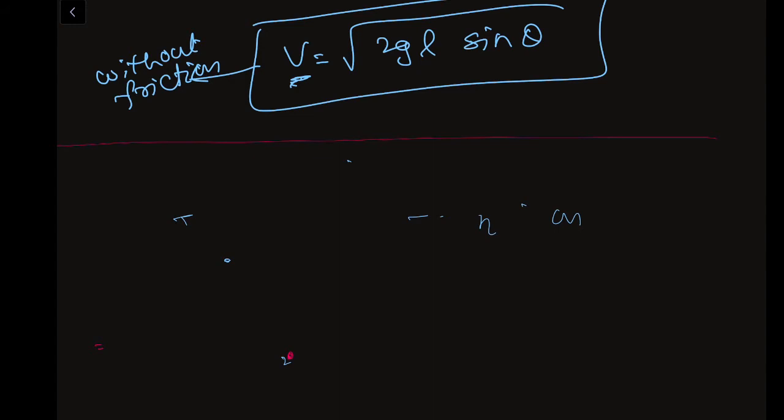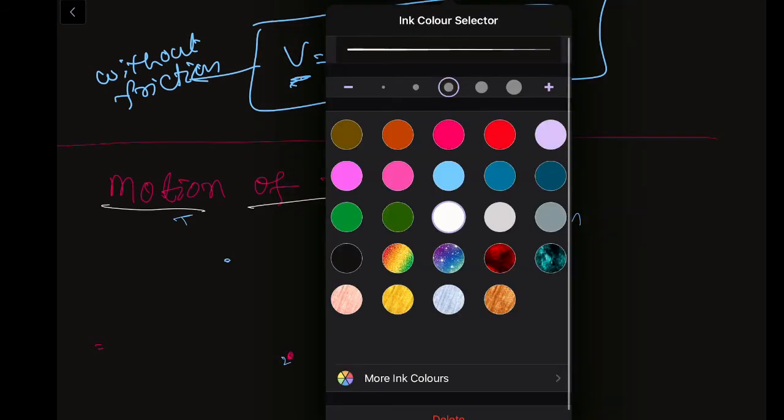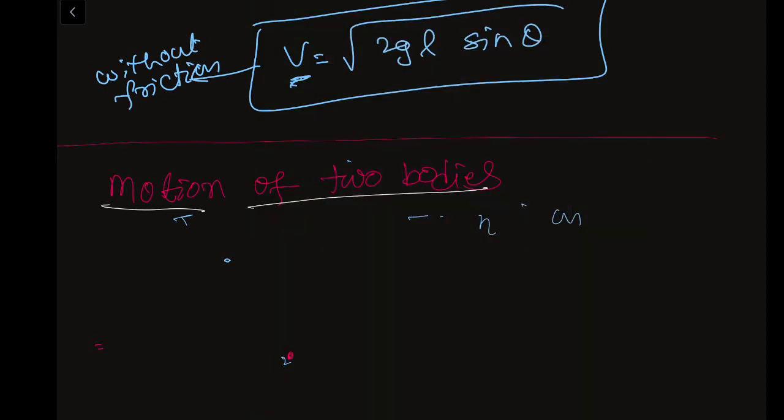Now coming to the next free body diagram, which belongs to the motion of two bodies. Here we have to take one table, on which we place one block, and one pulley.